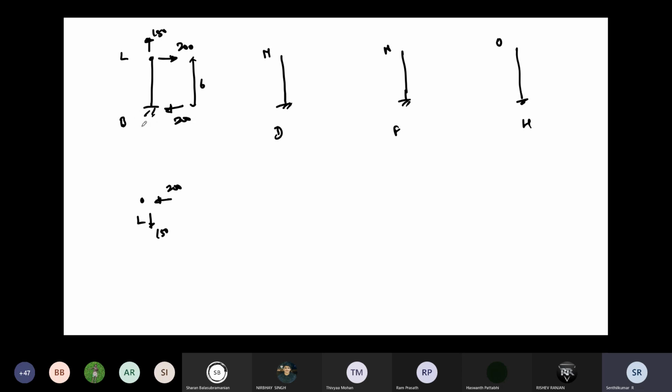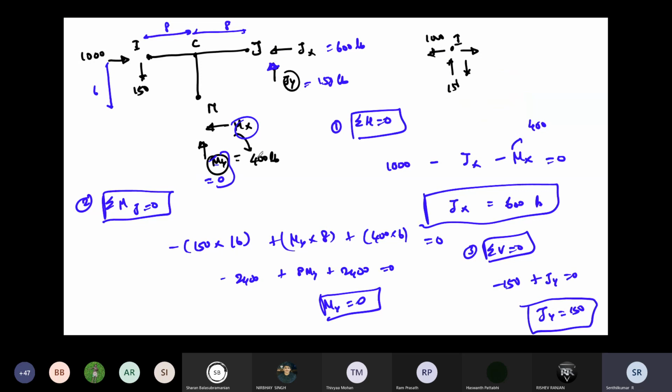So 200 into 6. Is it clockwise or anti-clockwise? Anti-clockwise, because this is already clockwise. So your resistance will be anti-clockwise. So the value is 200 into 6, it will be 1200 kN-m.